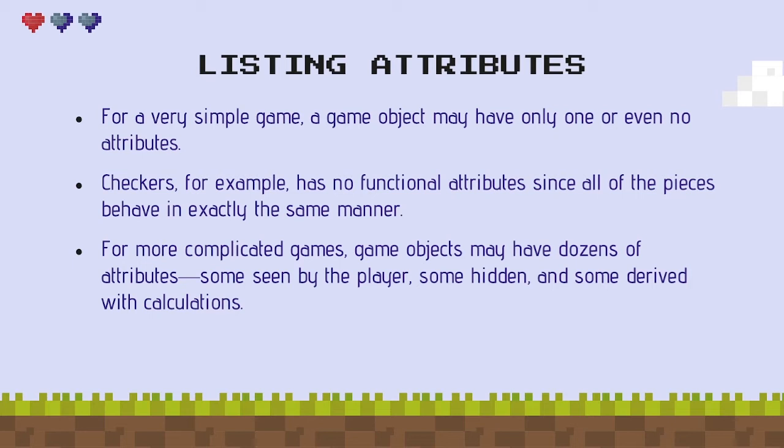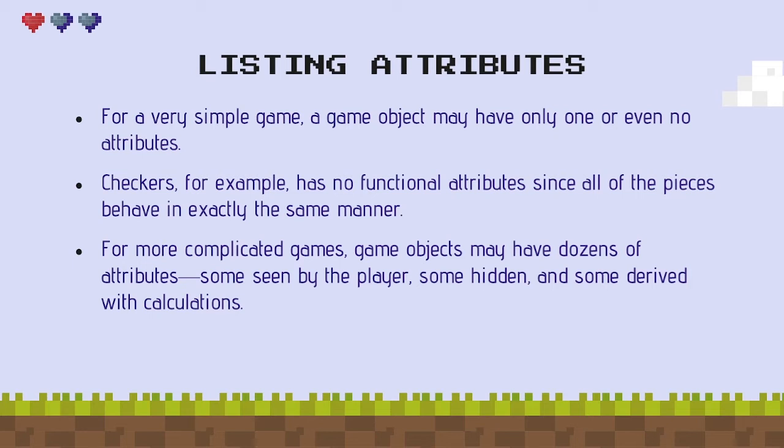So, checkers, for example, has no functional attributes since all the pieces behave in exactly the same manner. But we can also give an example of what the game attributes could be. If, for example, you'll be playing physical chess, possibly there's no attribute. Yes, because it's not necessary when playing the physical game of chess.